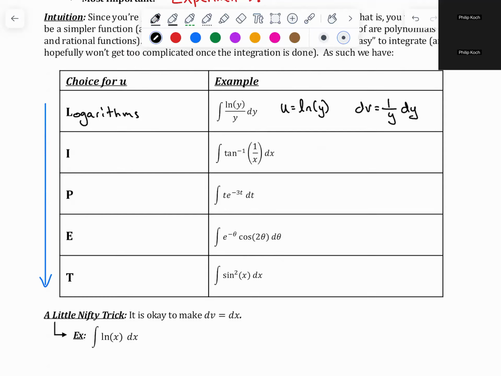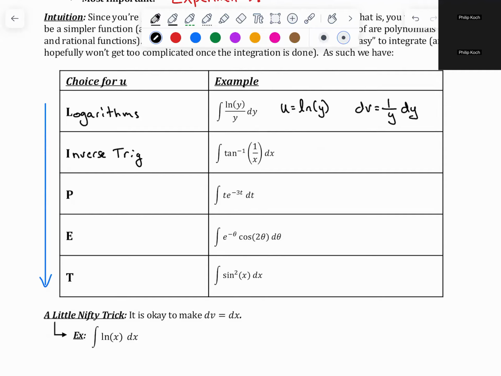Next is to choose inverse trig. Other textbooks will have their own little mnemonic device, or if you look online, they'll have another one, and it'll start with I instead.